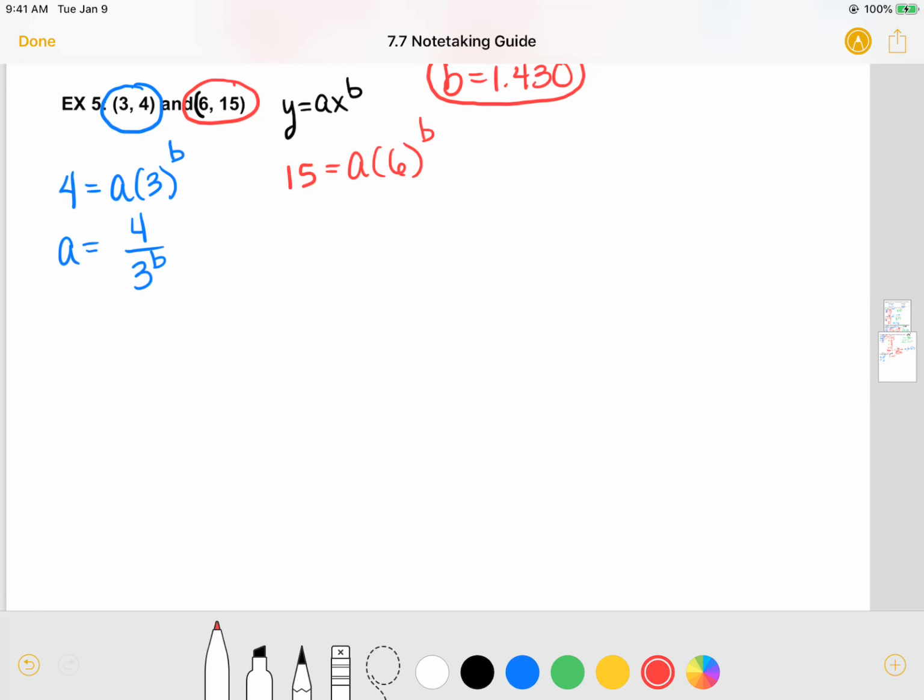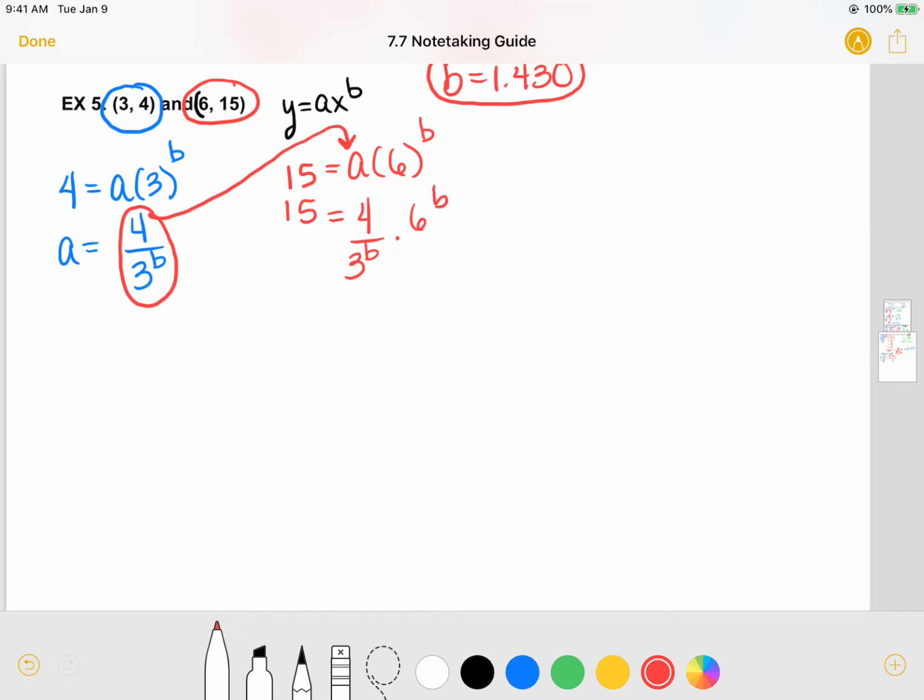Okay? Now grab your a and substitute it. So we have 15 is equal to 4 over 3 to the b times 6 to the b.